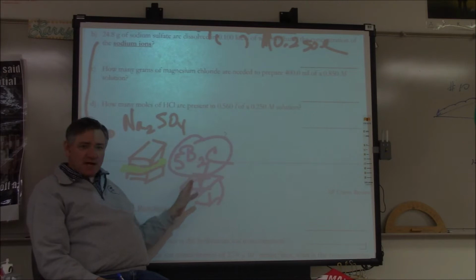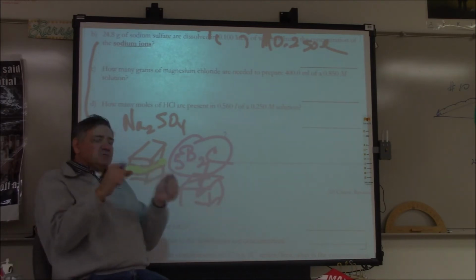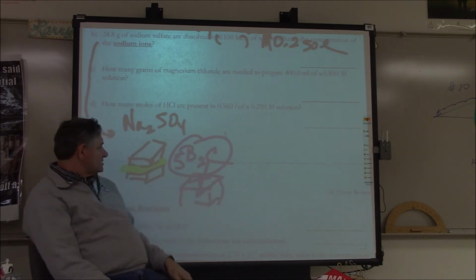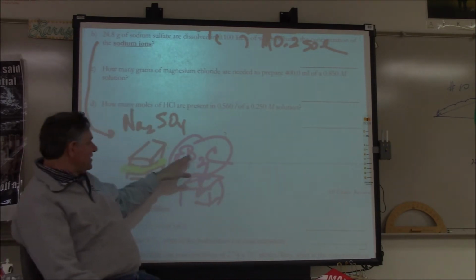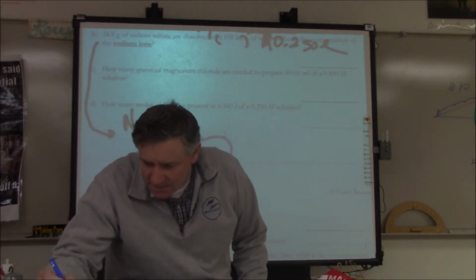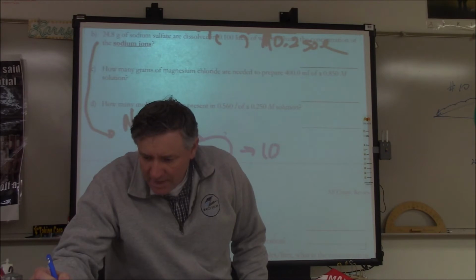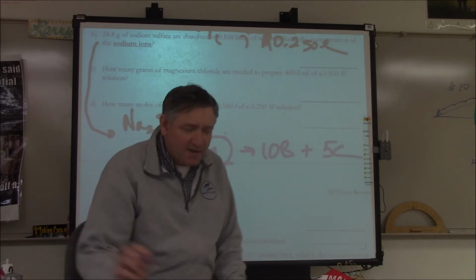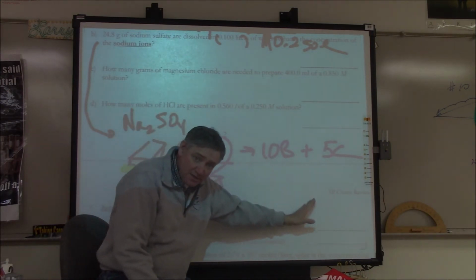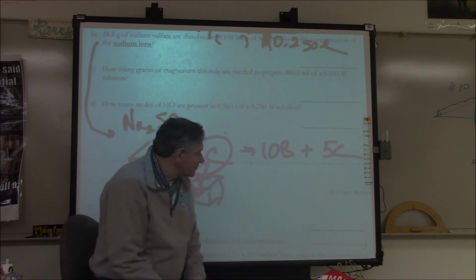But the same thing is going to happen to this sandwich. We're going to put these sandwiches in this sack, and then we're going to shake them up so that everything dissociates. We initially had 5 sandwiches per bag. But now when this thing ionizes, we're going to have 10 slices of bread and 5 slices of cheese, because it's going to separate out, it's going to decompose.